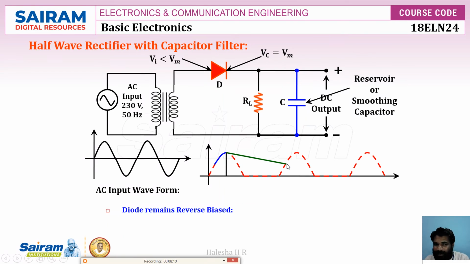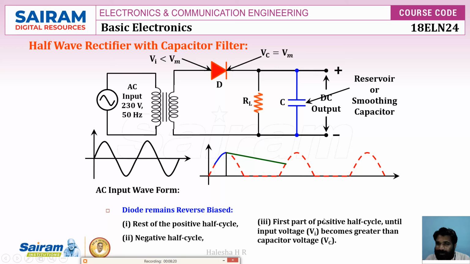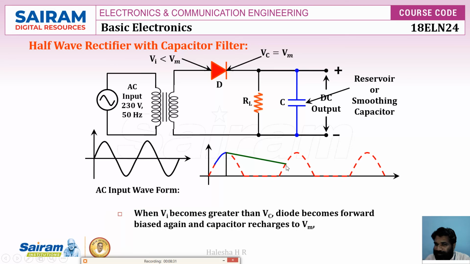The capacitor discharging means the diode remains reverse biased during the rest of the positive half cycle and the negative half cycle, and during the first part of the positive cycle, until the input voltage Vi is greater than the capacitor voltage Vc.